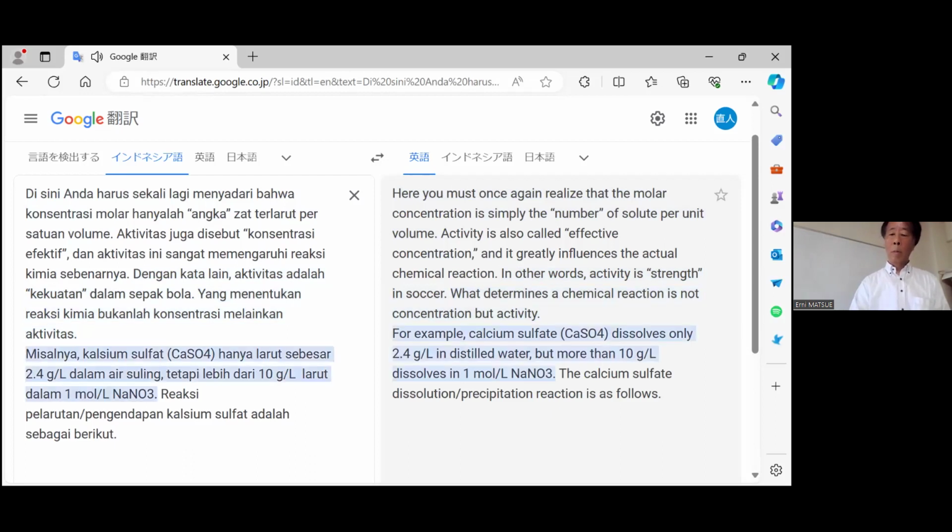For example, calcium sulfate, CaSO4, dissolves only 2.4 grams per liter in distilled water, but more than 10 grams per liter dissolves in 1 mole per liter NaNO3.